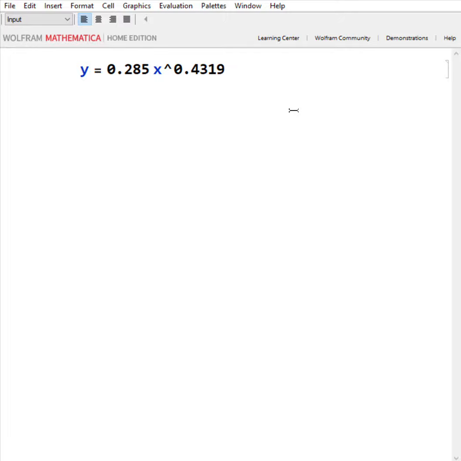And we are asked to compare this model to the actual equation for a pendulum's period, which is as follows.